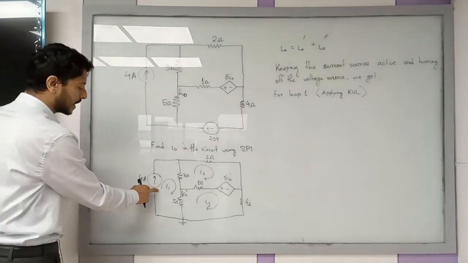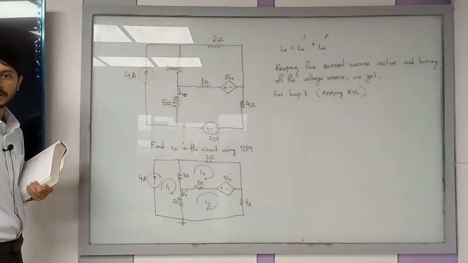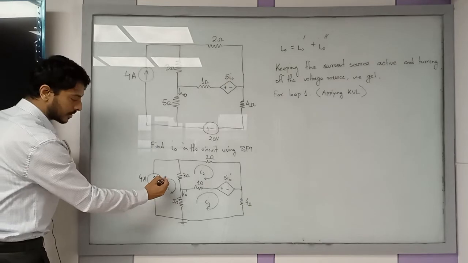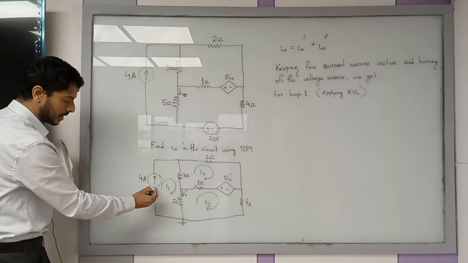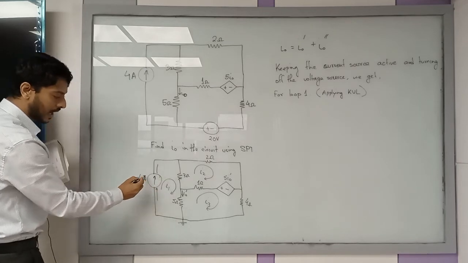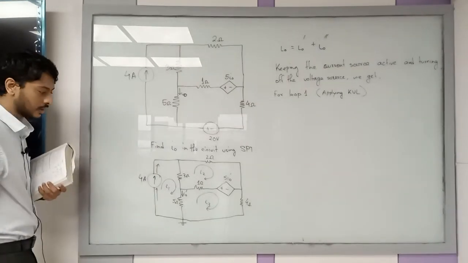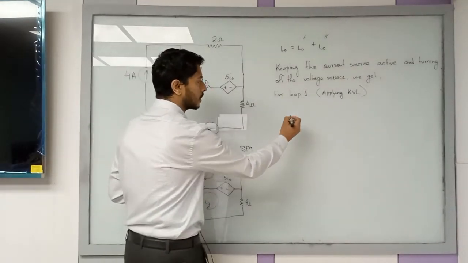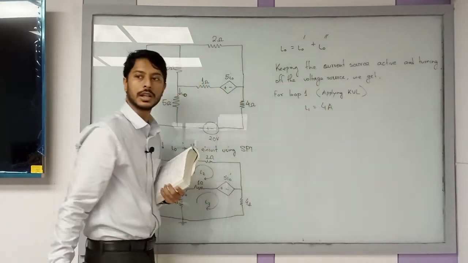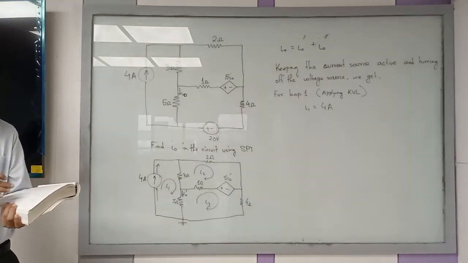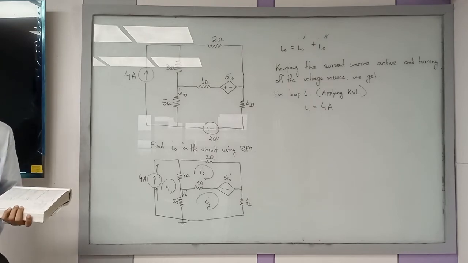You don't need to apply KVL over here because this I1 current is already 4 ampere. You know from this loop, if this current is circulating over here, this is basically nothing but equal to this 4 ampere current. This is basically passing through this source. So for loop 1, this I1 is equal to 4 ampere. You know one mesh current already. So you have to do it for the other two loops as well.